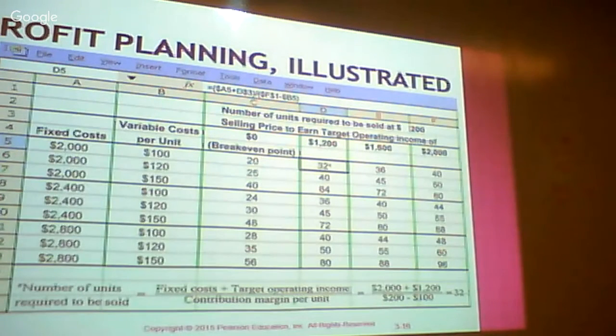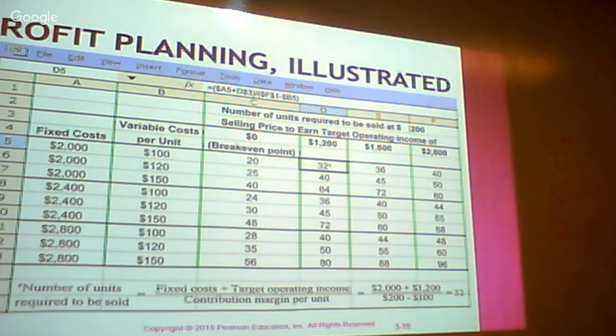What's 2,000 divided by 80? If I take 2,000 divided by 80, we get 200 divided by 8, which is 25. So that's not a problem there.